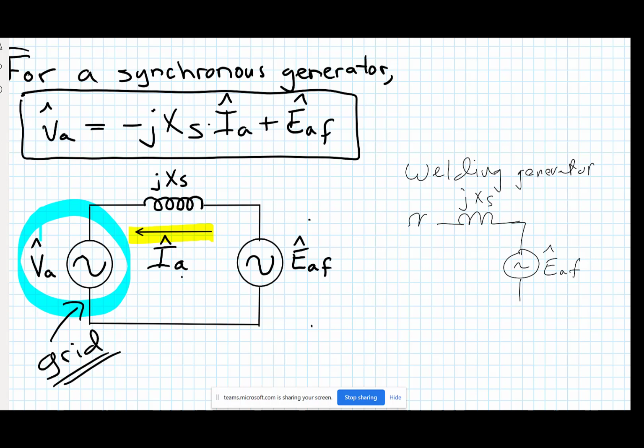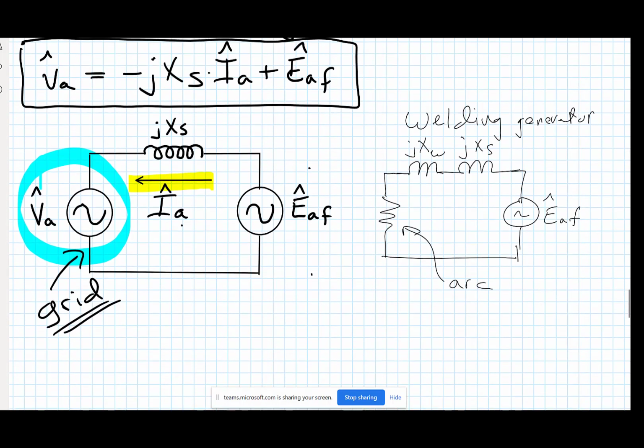They would usually add another big inductor here to smooth things out. I'll call it XW, welding inductor. And then this is the arc. It would weld right off the generator. It's a resistor. And then the voltage, this would have been VA.